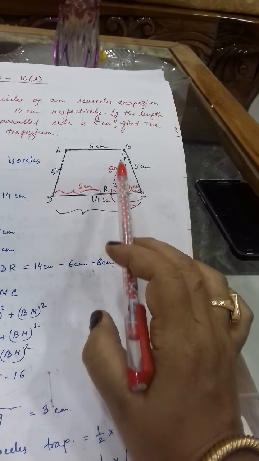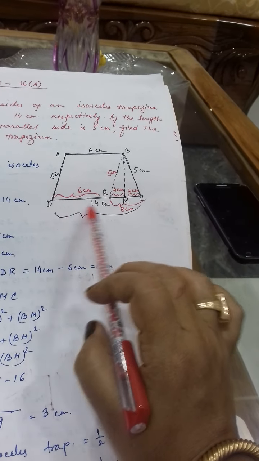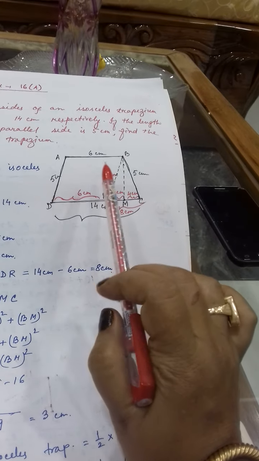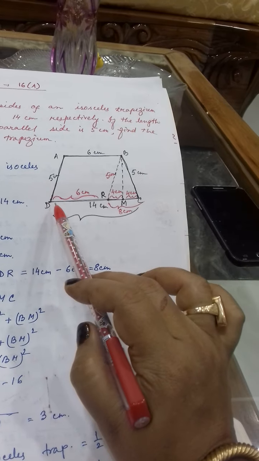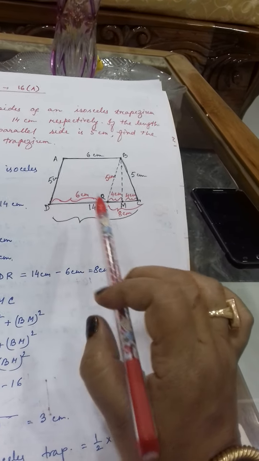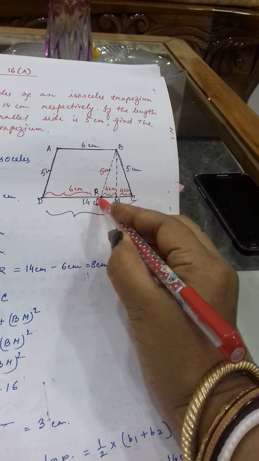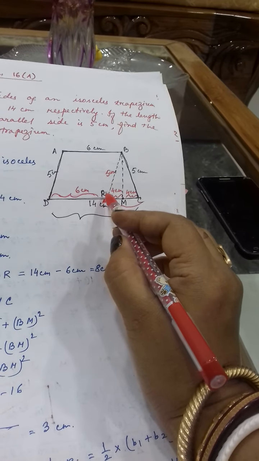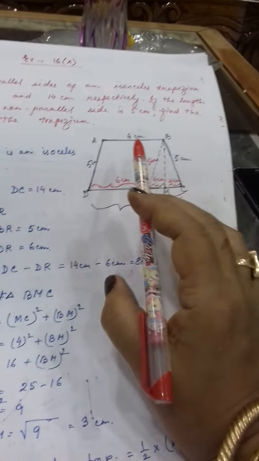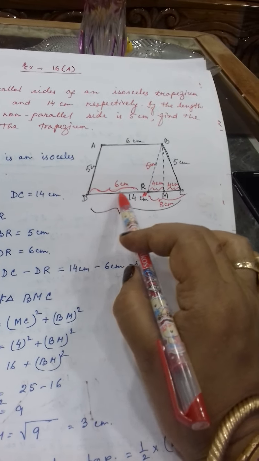Now as this total distance CD is 14 centimeter, if AB is 6 centimeter, then DR will be also 6 centimeter.